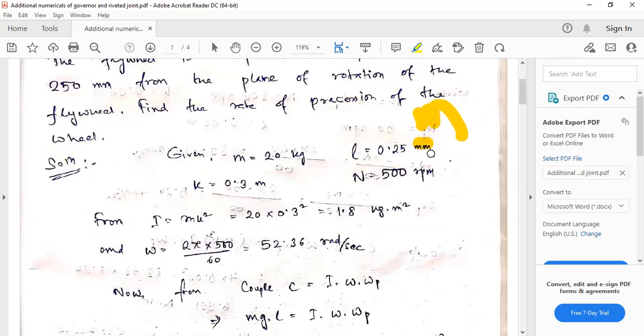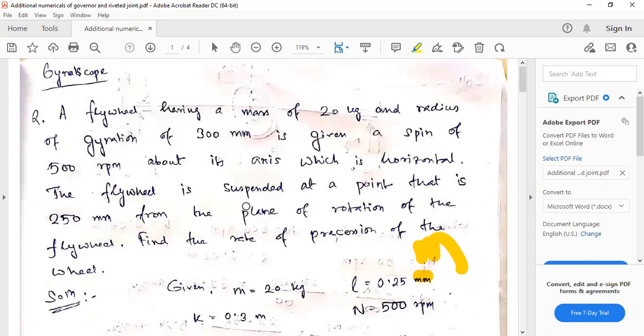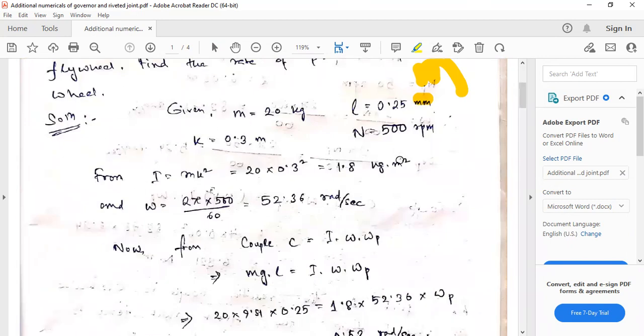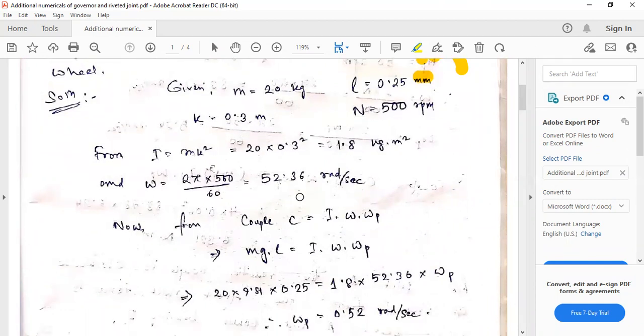So 0.25 meter. And this K is 300 mm radius of gyration, that is 0.3 meter. Then N is given as 500. So from here we can get moment of inertia m k square, 20 into 0.3 square, and omega is 2 pi into 500 by 60. So from here we have got both of them.